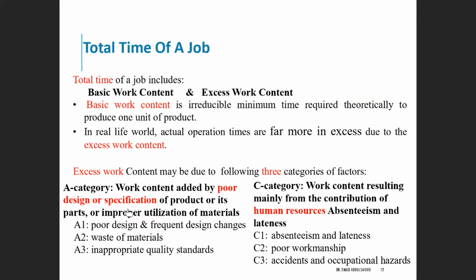It will be more. Again, for example, if you are working on a mechanical system, and that mechanical system has many screws that sit in hard positions, where the screws are fastened in places that are very hard to reach, it will need excess work.